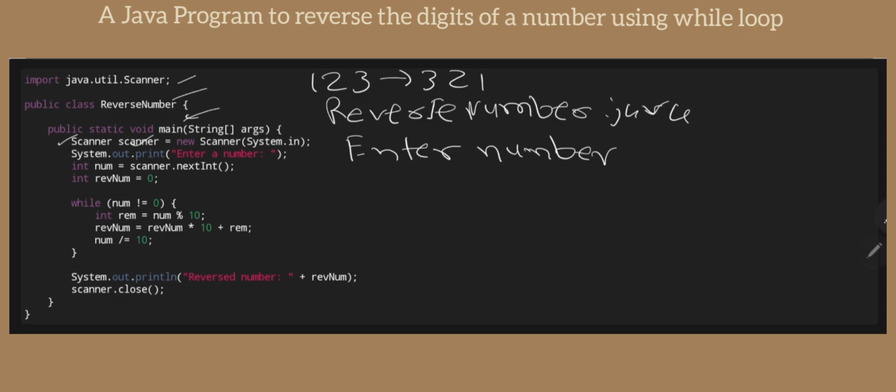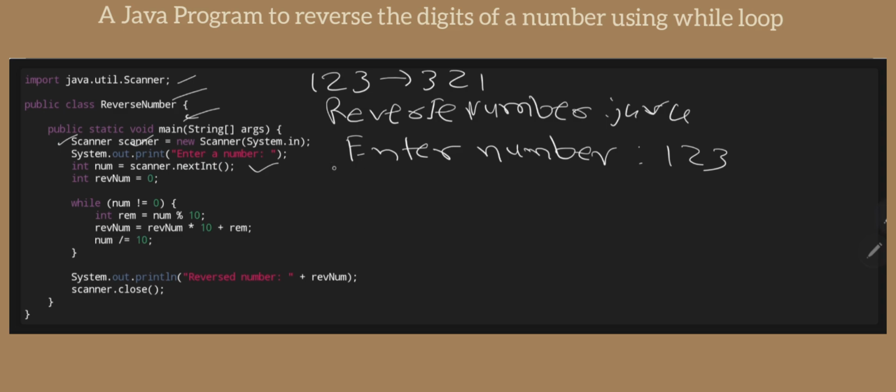Okay, so now if we have entered the number 1, 2, 3, is it clear? Now here int num = sc.nextInt(). Int is a data type, num is a variable, sc is the object of the Scanner class, and nextInt is a method which is used to accept the value from the user.